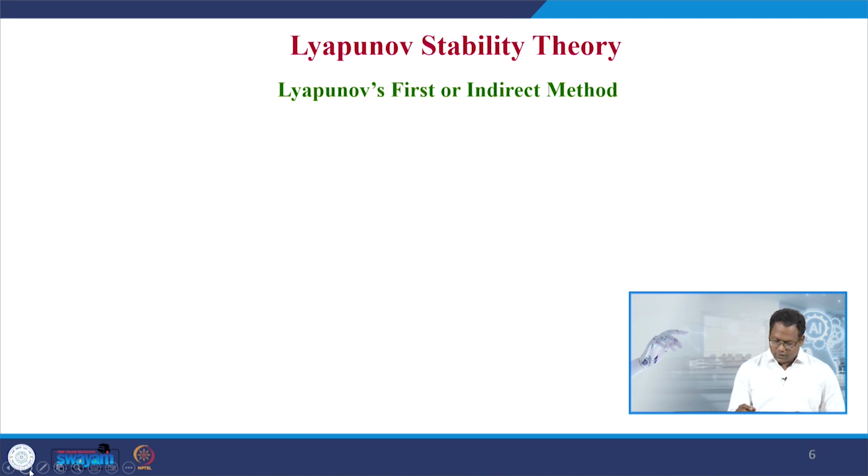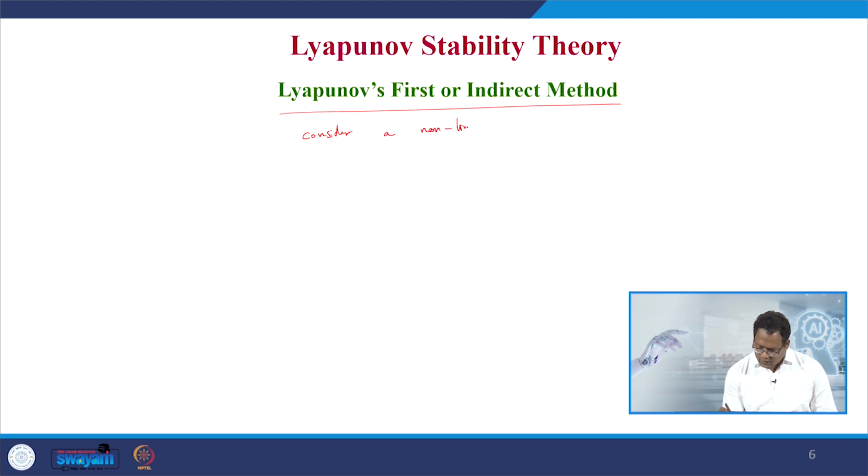Okay. So, let us see about the first or the indirect approach. Now, let us consider a non-linear system which is given by x dot equal to f of x.